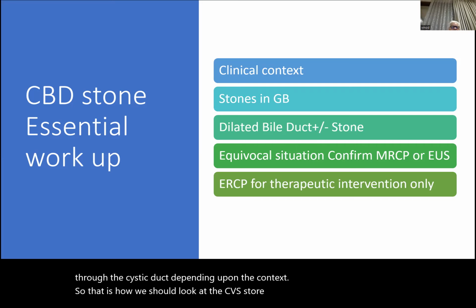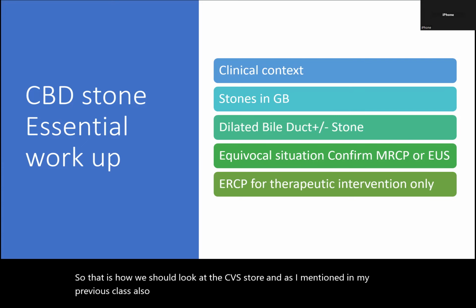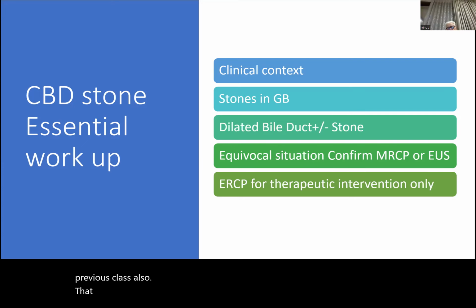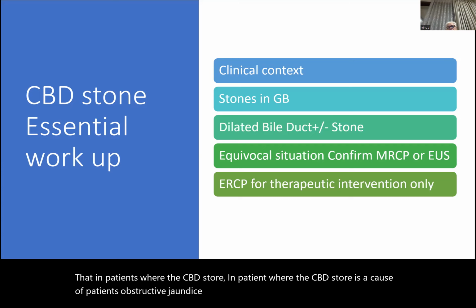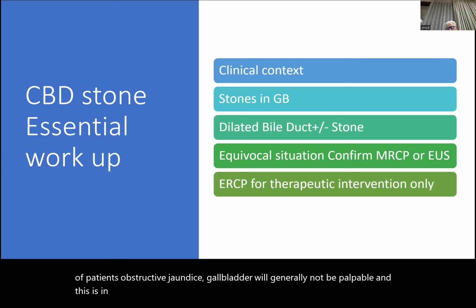And as I mentioned in my previous class also, in a patient where the CBD stone is the cause of obstructive jaundice, the gallbladder will generally not be palpable, in accordance with Courvoisier's law, except for what we discussed that time, double impaction. And I think we'll not go further into it.